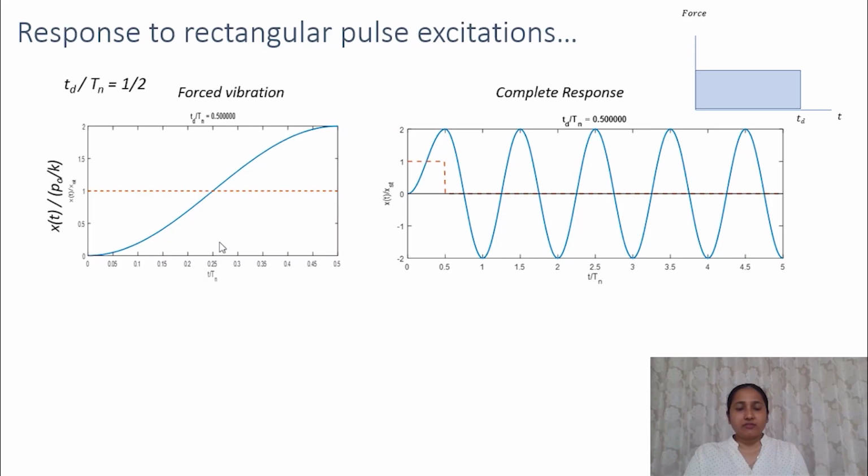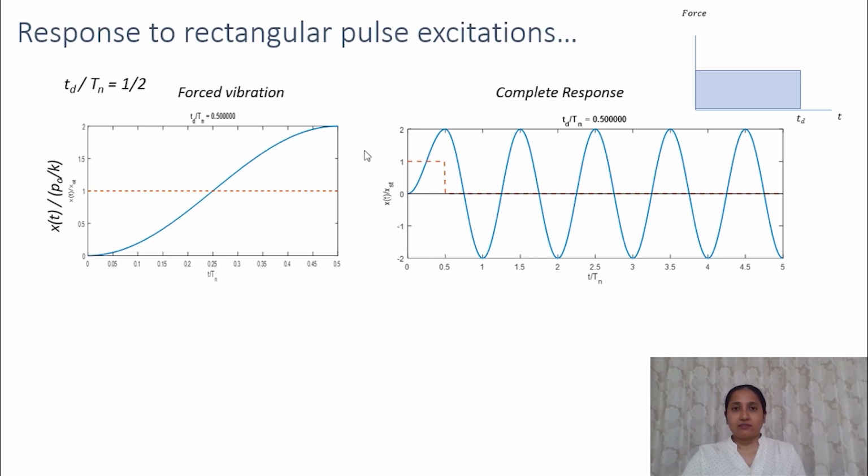After t by tn equal to 0.25, this response is higher than the static response. At the end of the pulse, the normalized deformation becomes equal to 2. That means the dynamic response is twice that of the static response.